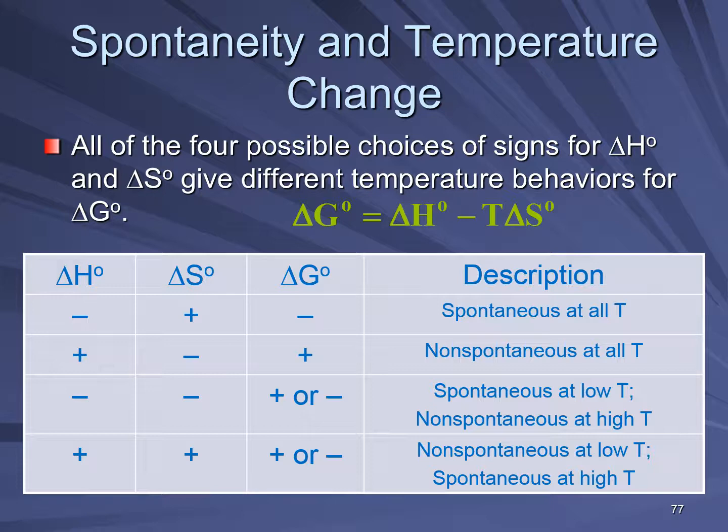So if something is endothermic, if you have to put heat into it and it's becoming more ordered, it's not going to happen by itself. It's going to be non-spontaneous. But now we can have a little bit of a difference. So what if we have delta H being negative, so an exothermic reaction, however, it's something that's becoming more ordered.